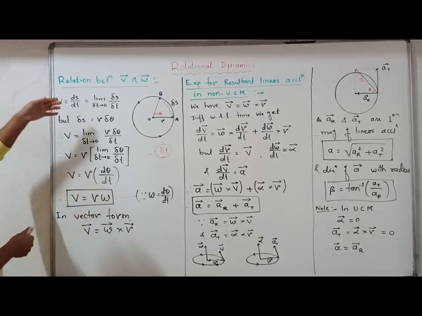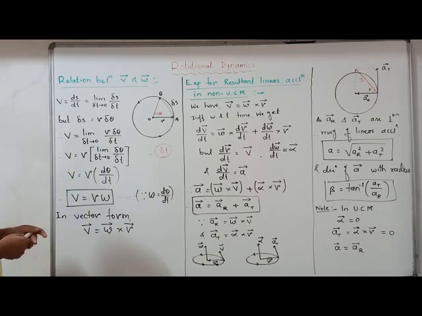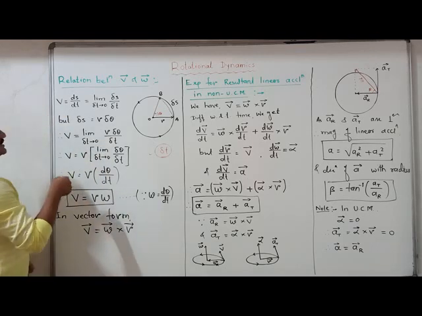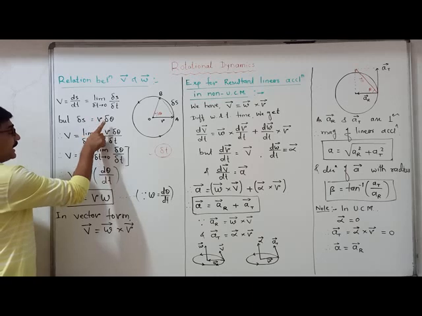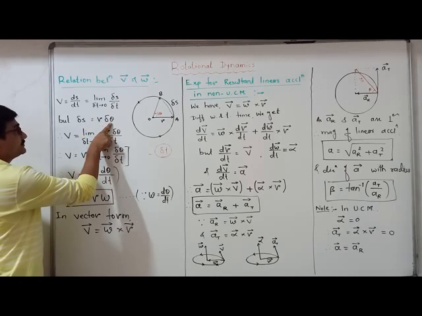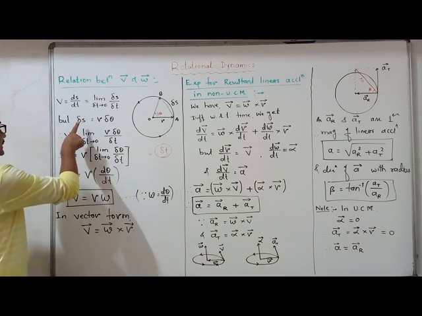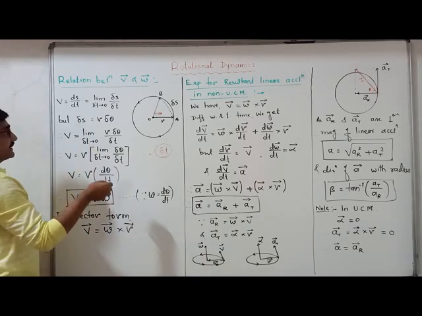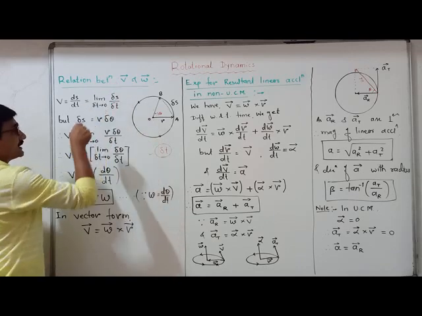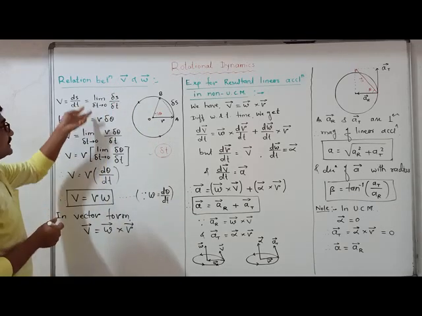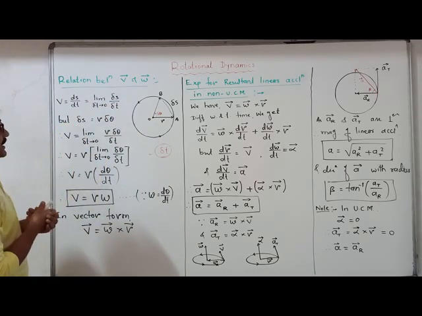So in this way we have given the relation between linear velocity and angular velocity. Angular displacement in a circular motion is analogous to the linear displacement, and in the same way angular velocity is analogous to the linear velocity.